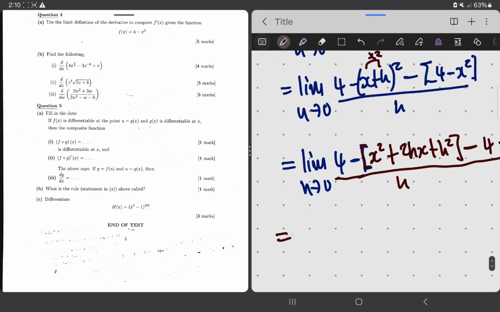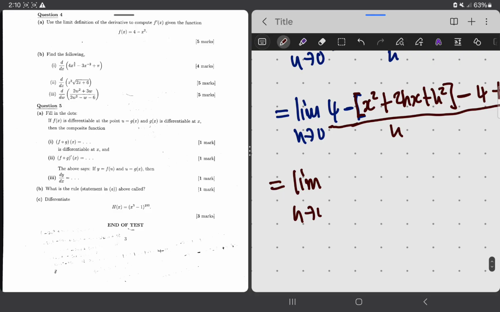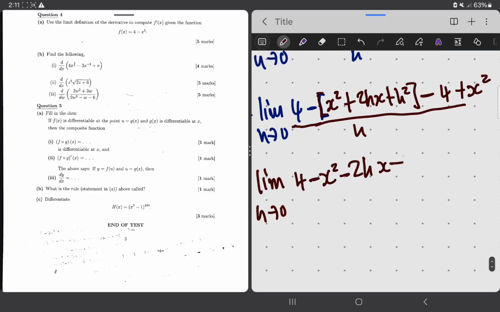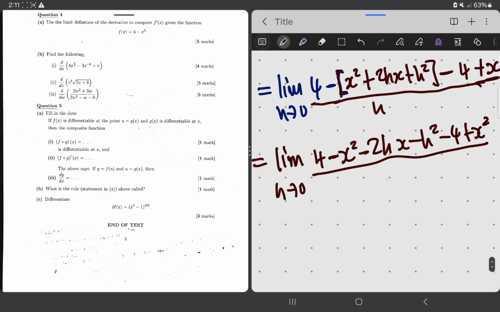Now, if you want to know whether you're getting it wrong or right, the things without an h should all go, and you should remain with the things with h, so that this limit can be solved. So it's easy to know if you're right or wrong. This becomes 4. Then minus of x squared becomes minus x squared. Minus of 2hx becomes minus 2hx. Then minus of h squared becomes minus h squared. Then we have this outside now, which is minus 4 plus x squared, already outside of your bracket, all over h.